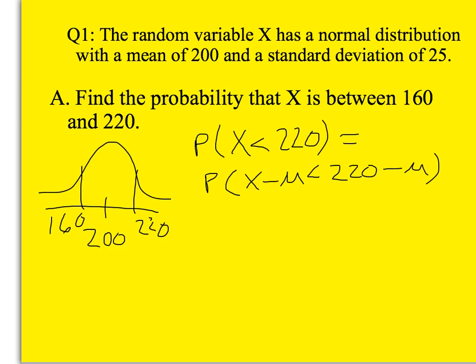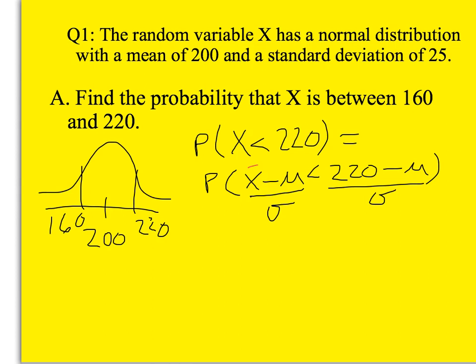I've subtracted the same value from both sides. Now, when it comes to dividing, as long as I divide by a positive number with an inequality, I don't have to switch the signs. So since the standard deviation is, in fact, a positive value, I don't have to worry about switching the sign from less than to greater than, and that gives you another equivalent term.